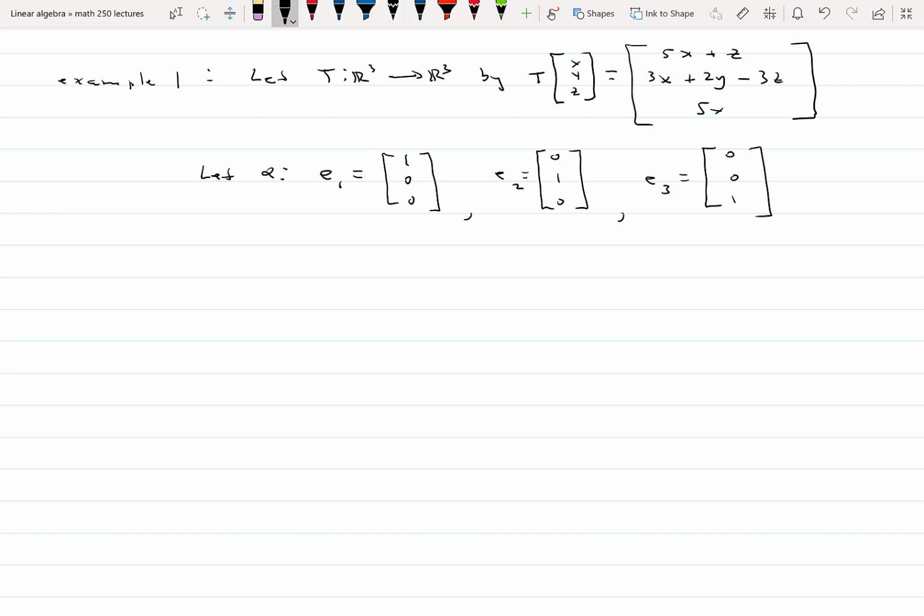Okay, but we're going to let beta be a different basis. Beta has the basis vectors V1 is 1, 1, 2, V2 is 1, negative 1, 1, and V3 is 1, 1, 1.